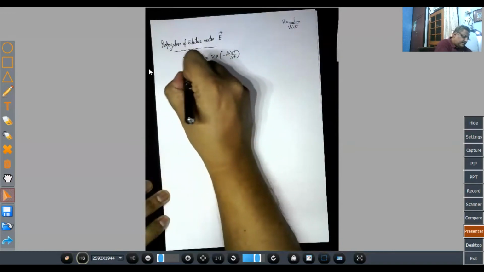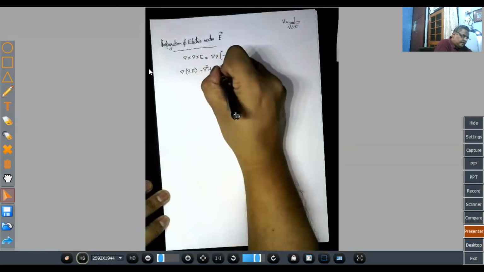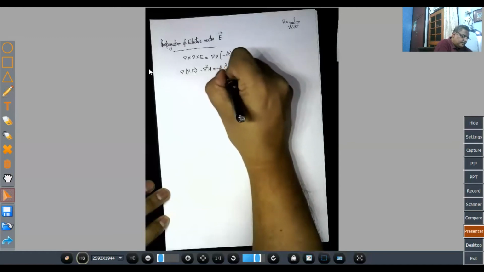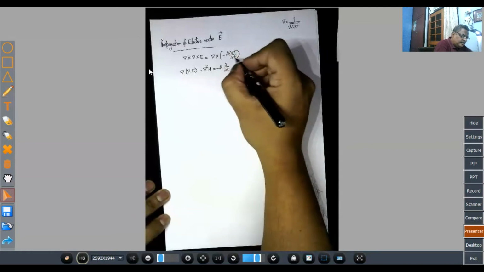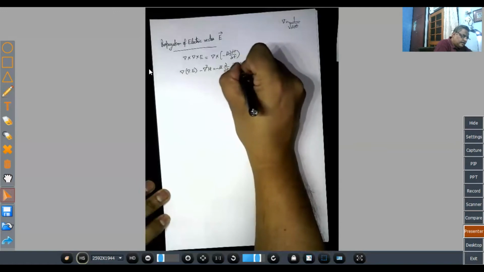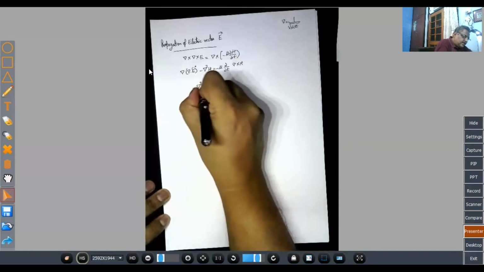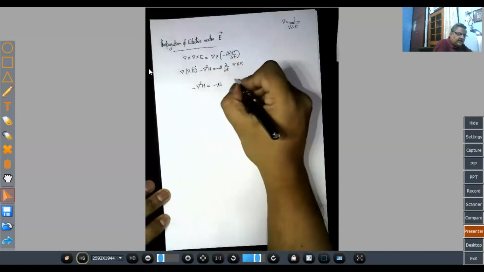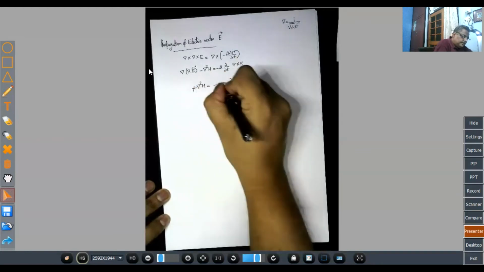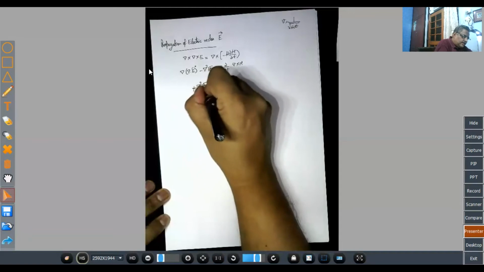Now this will be 0. So it will be minus del cross H. And the value of del cross H will be this.